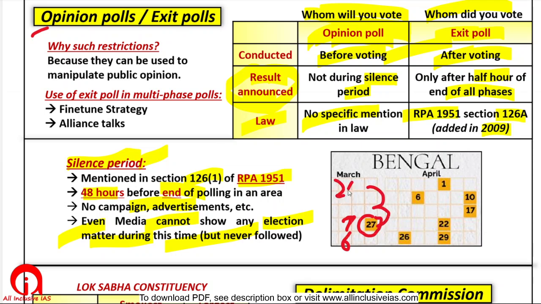On 25th March, evening 6 p.m., not morning 7 a.m., evening 6 p.m., your silence period will start. During these 2 days, there is silence period in the areas which are going to vote on 27th. But campaigning will continue in other areas which will vote on a later date. That is the silence period.